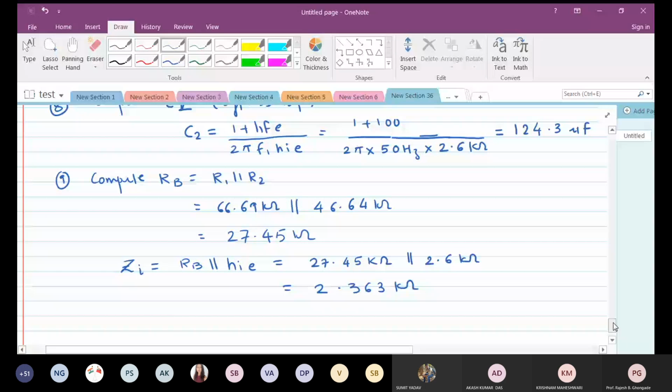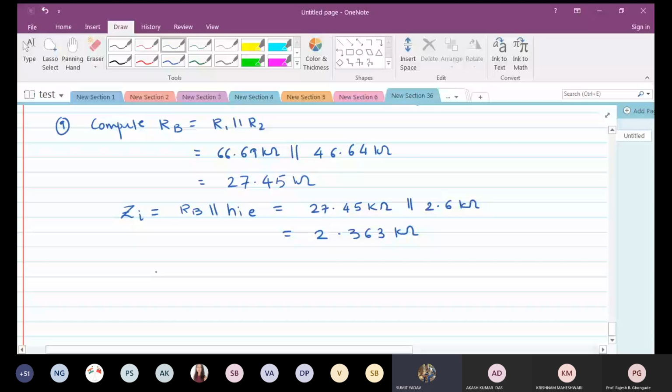Now you can compute C1. What was the formula for C1? Remember, XC1 should be (ZI plus RS) by 10, at the lower cutoff frequency F1.